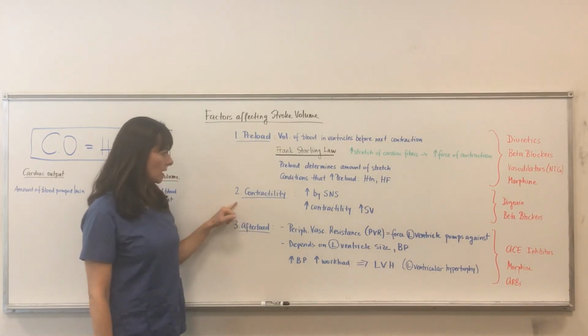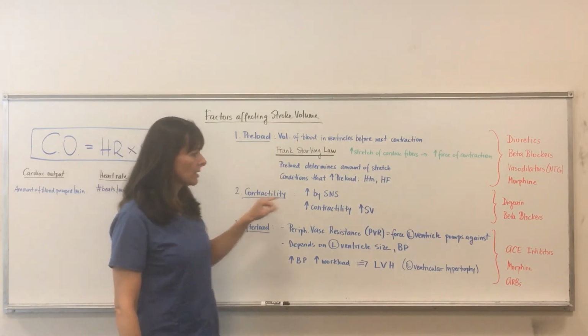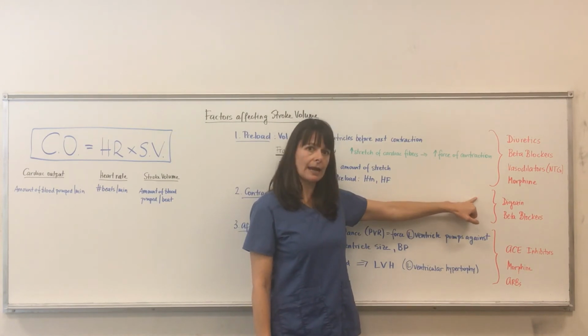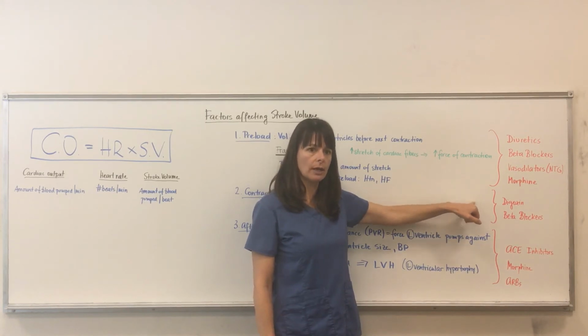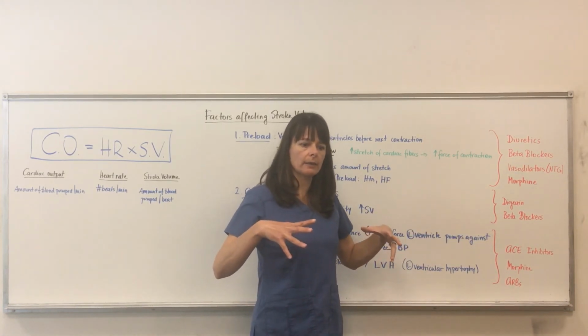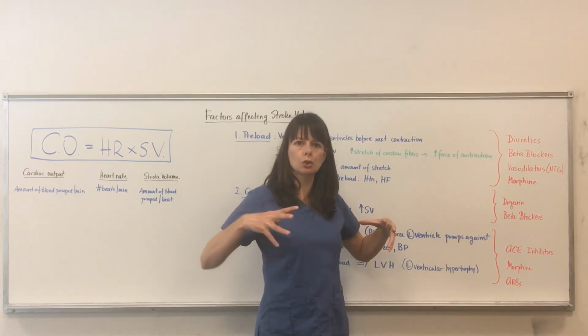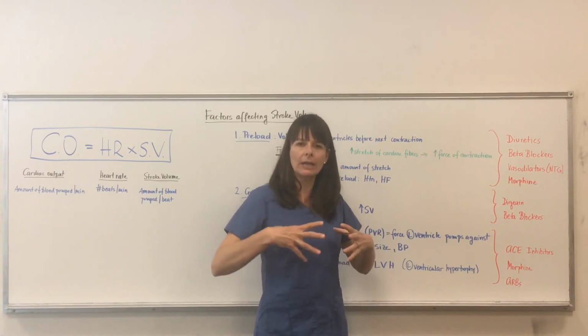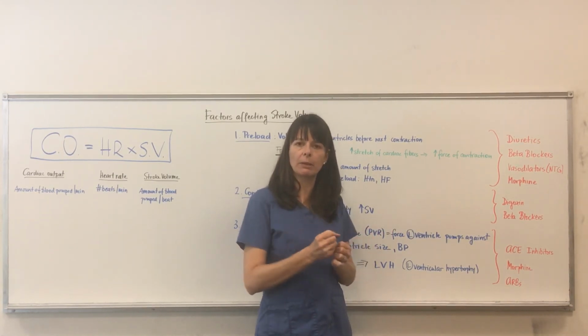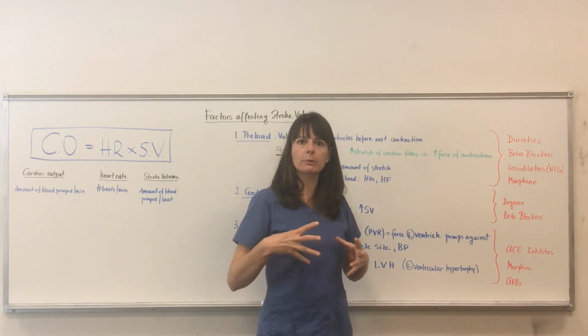Now to our second concept here, contractility. So digoxin, the cardiac glycoside, increases the force of the contraction, and the way it does that, it slows down the conduction through the atrioventricular node, and therefore the contraction is able to get a little bit more squeeze, so it helps with the contractility, with the ability of the cardiac muscle fibers to contract.